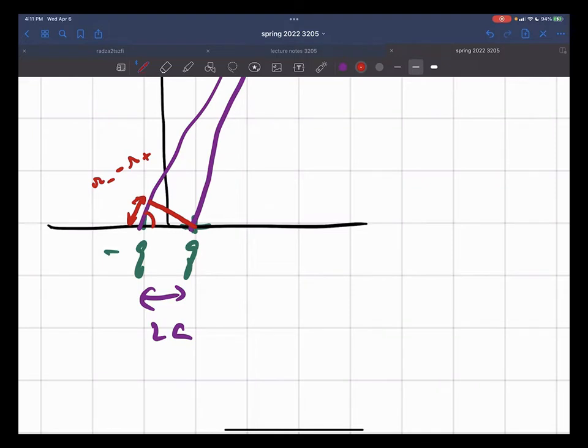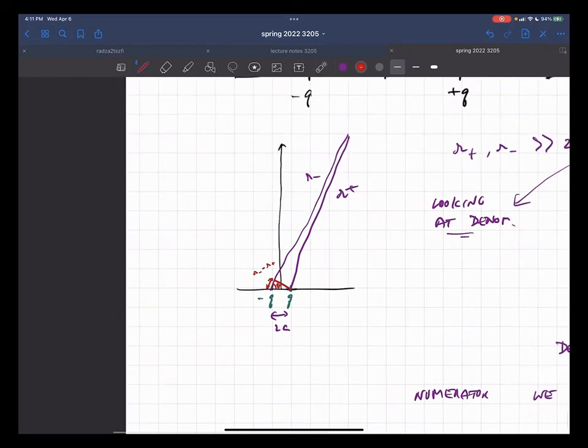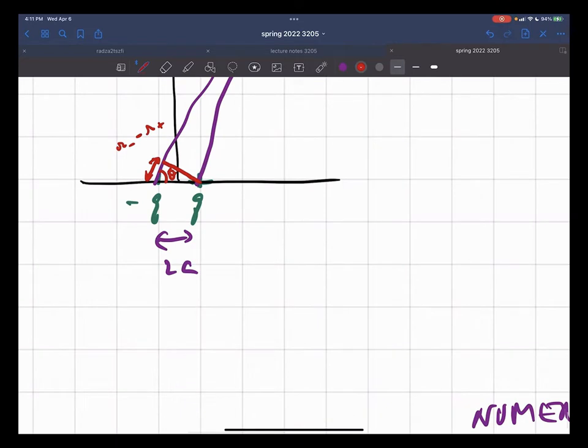So if I call this angle theta, basically, I can say that r minus minus r plus is equal to 2a cos theta, because this is 2a.